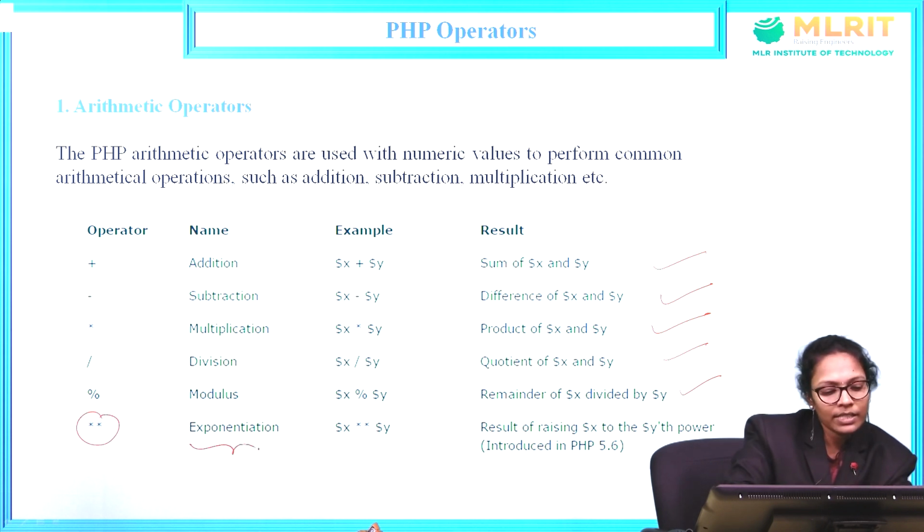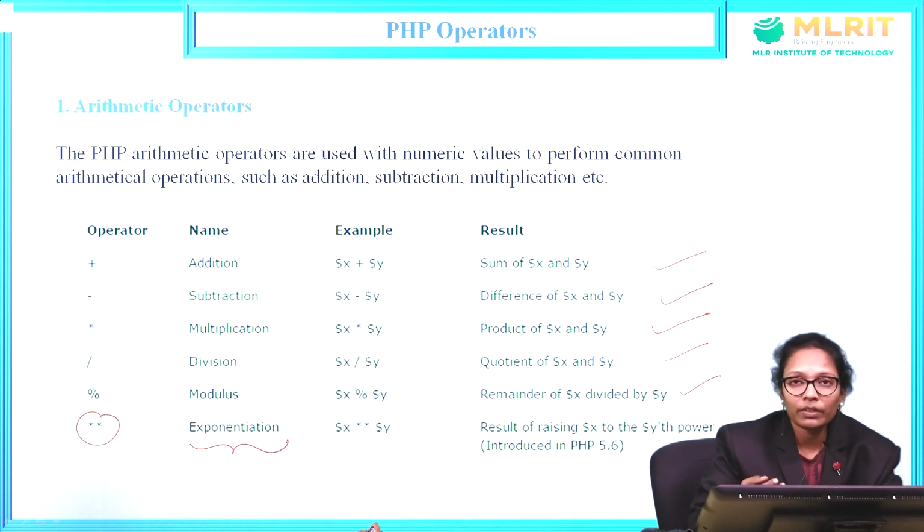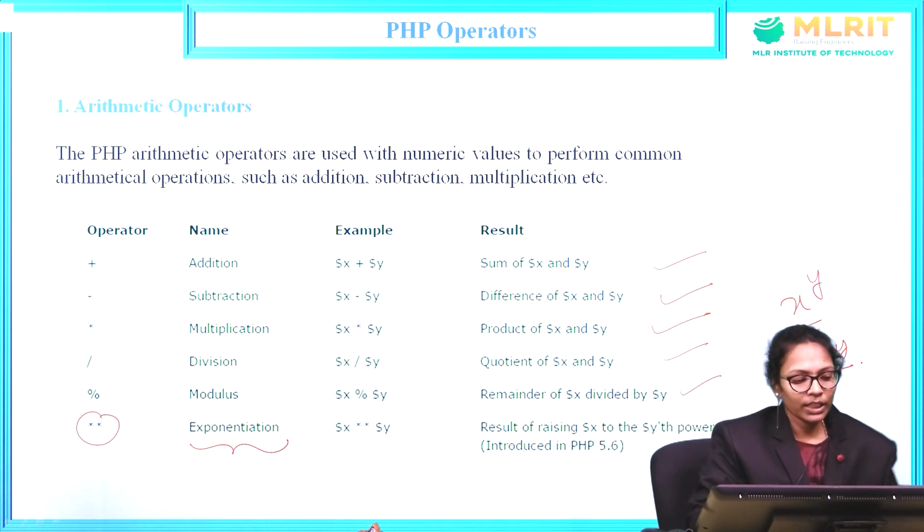This indicates exponentiation. If you want to find out a power of some number, for example x power y, then you can use this double star. That means x double star y is nothing but x power y. That can be easily done using this operator.